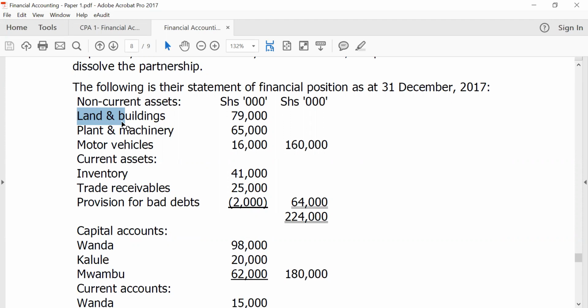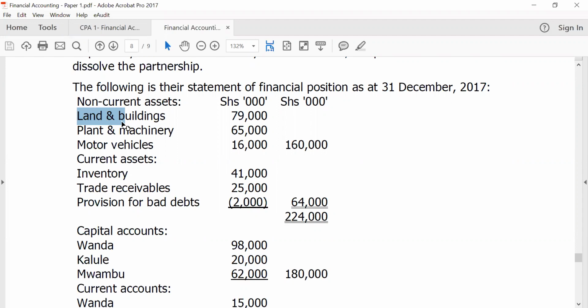Okay, so when it comes to winding up and where we have the realization account coming through, and then we have to transfer assets there, we have what we call steps that we follow in the dissolution of partnership. So I've just shared the handout there on the WhatsApp group.